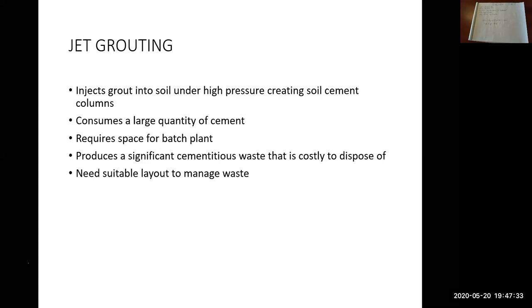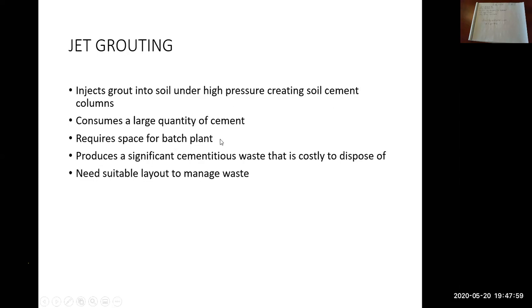It requires space on the job site for a batch plant, so you're mixing your concrete on site. This should probably say concrete, not cement. It says produces significant cementitious waste that is costly to dispose of.